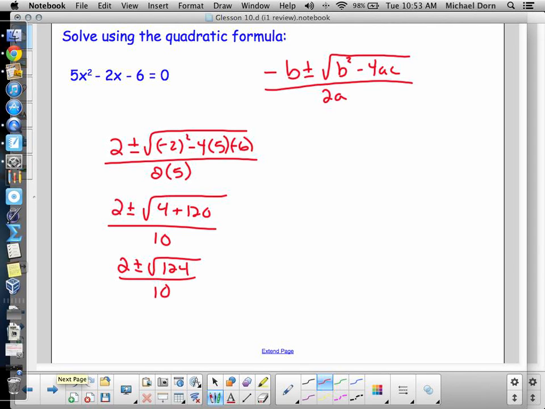So that's 2 plus or minus the square root of 124 over 10. And I would probably let that be right there. Could we simplify that? Pretty sure 124 is evenly divided by 4. 31 times 4. And then I could factor the 2 out of the numerator.